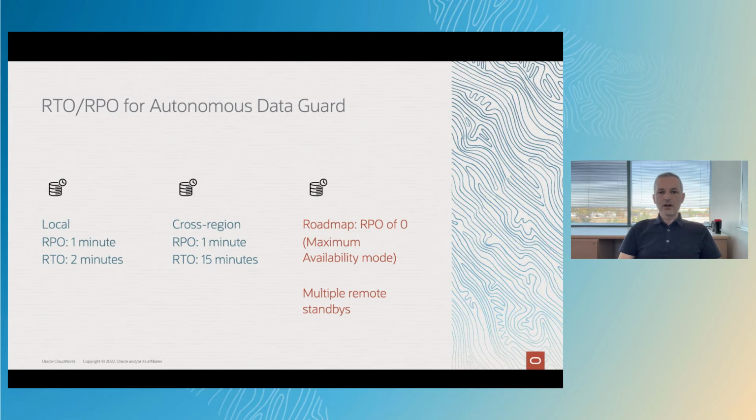If you used Data Guard in on-prem environments before, this is the maximum availability mode as you know it, which means synchronous replication from primary to your standby database so that you don't lose any data if something happens to your primary or production database. Today, Autonomous Data Guard allows you to have 1 local plus 1 remote standby. We are working on improving this, and in the near future, we're going to be allowing you to create multiple remote standbys in different regions if you choose to do so.